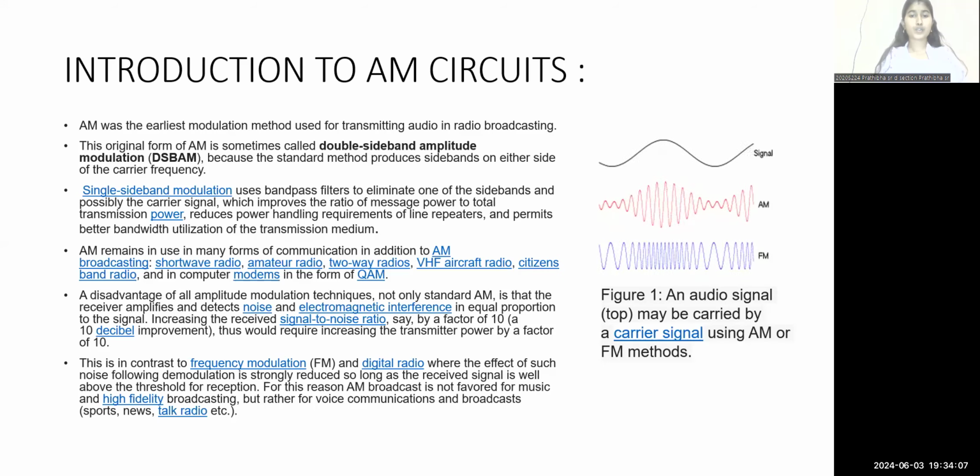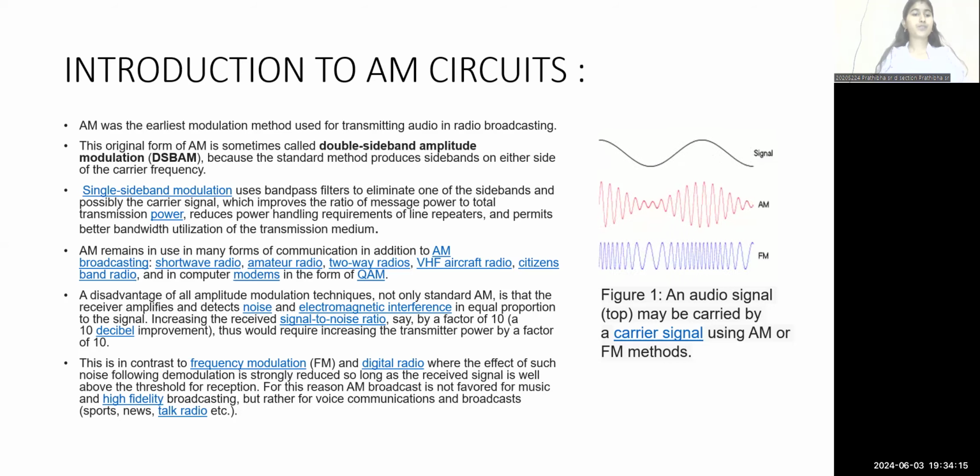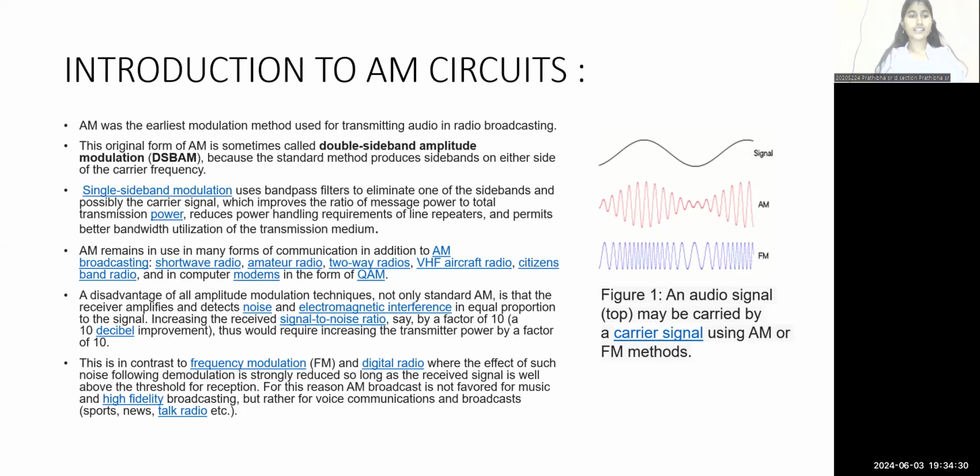First, introduction to AM circuits. AM was the earliest modulation method used for transmitting audio in radio broadcasting. This original form of AM is also called double sideband amplitude modulation, because the standard method produces sidebands on either side of the carrier frequency.